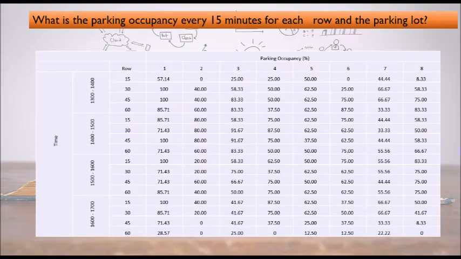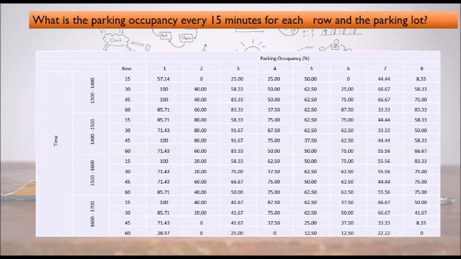Thank you. So now I'm going to tell about the parking occupancy every 15 minutes for each row and the parking lot. From the graph we can see that it has been separated into 4 hours. Each hour has 15-minute intervals for each row.